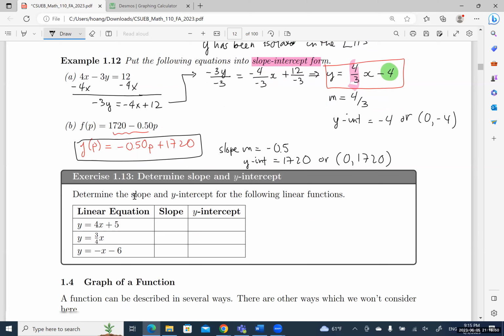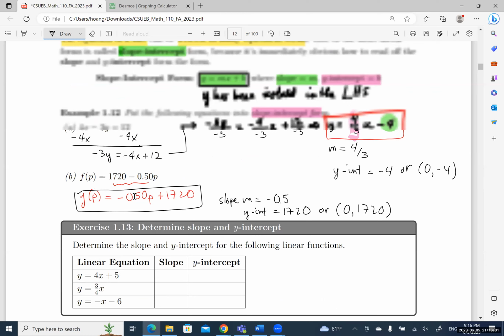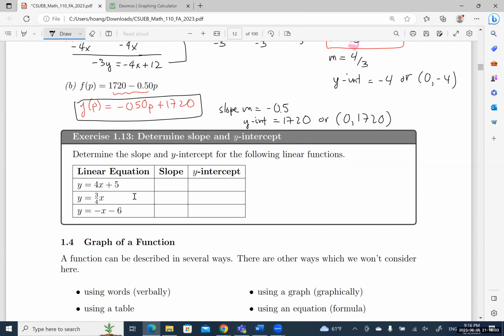All right. So according to the information, I mean the problem above here, you can go ahead and try to find the slope and the y-intercept according to the linear equation in the form of slope intercept form here.